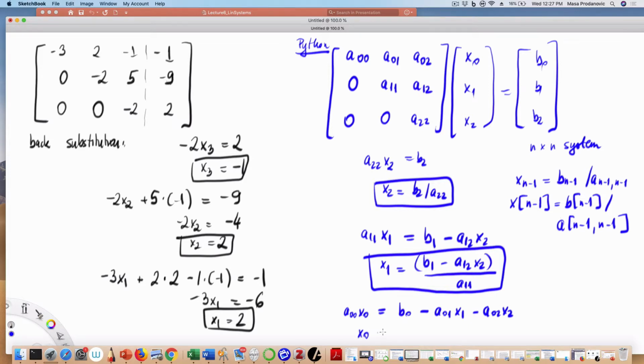So my x0 is this: B0 minus A01x1 minus A02x2, divided by A00.